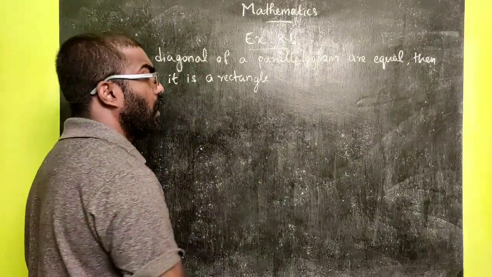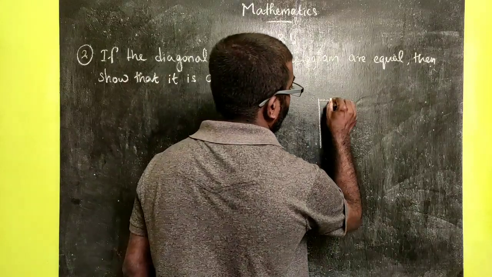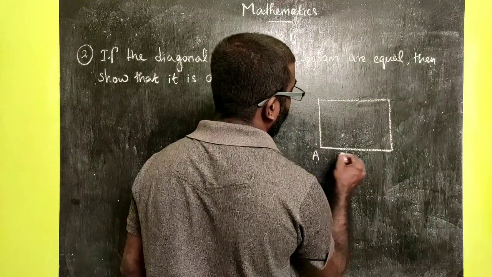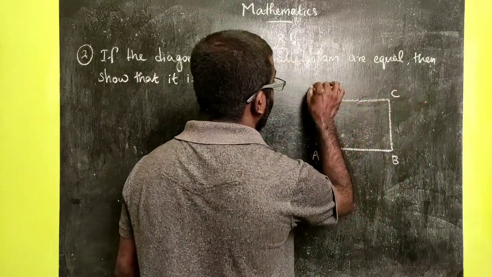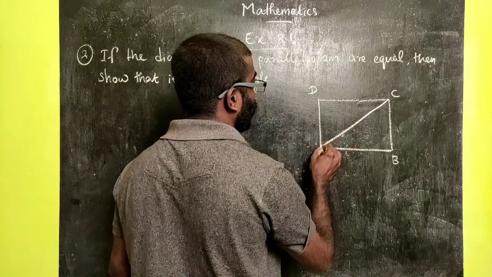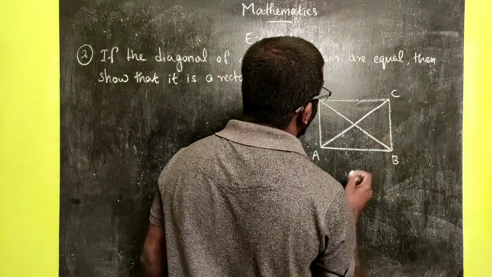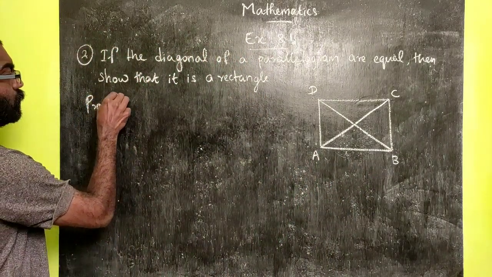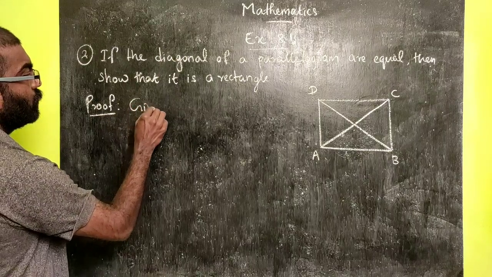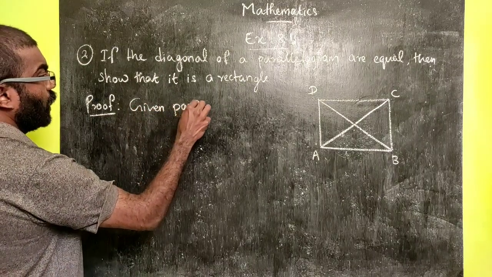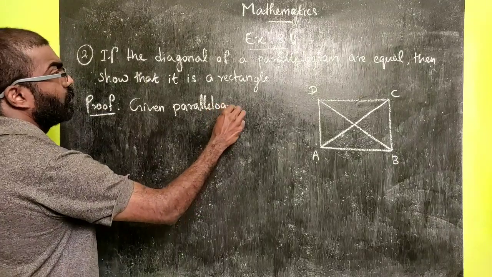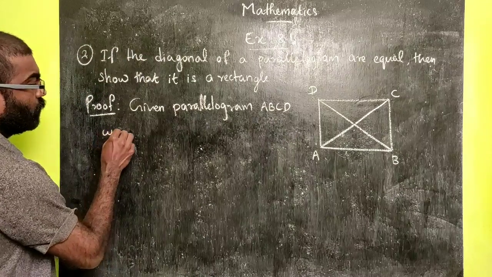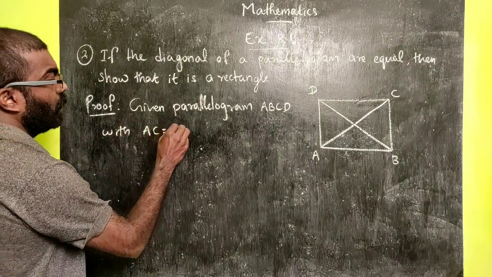rectangle. So here the diagonals of a parallelogram are equal, and we have to prove it is a rectangle. We can draw 2 diagonals, AC and BD. So we are given parallelogram ABCD with AC equal to BD.